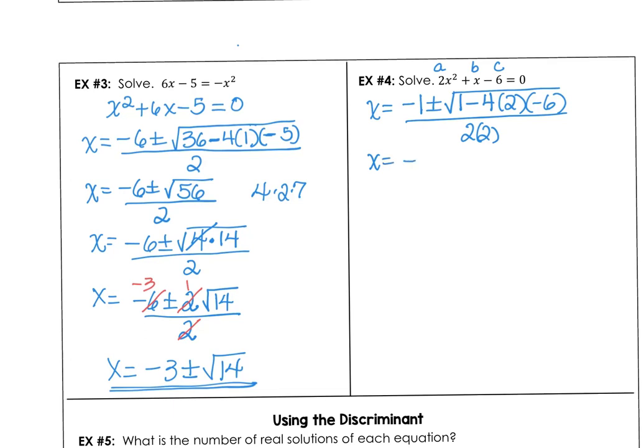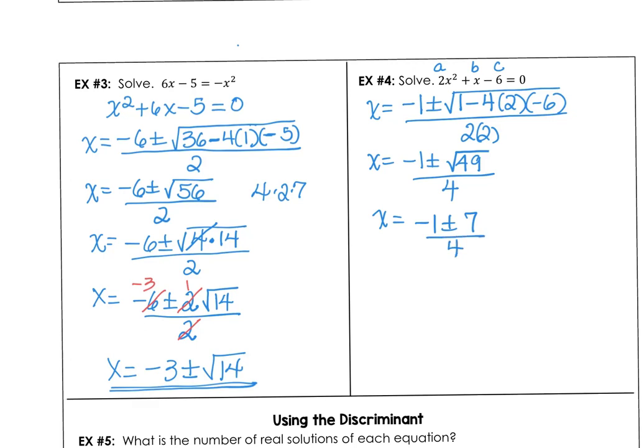And again, cleaning up underneath the radical sign, we have 24, 8 times 6, that's 48, plus 1 is 49 divided by 4. That's the square root of 49, which gives us 7.